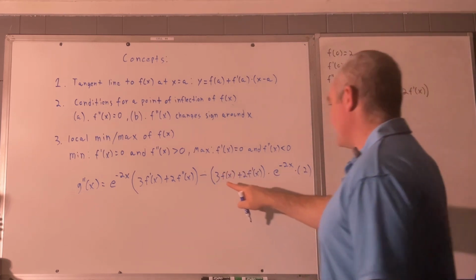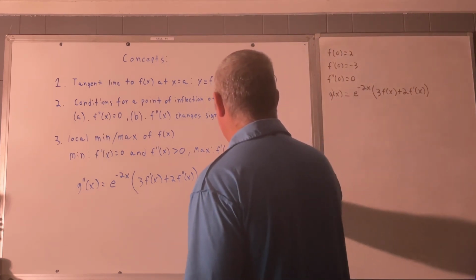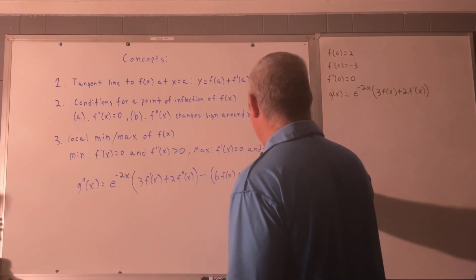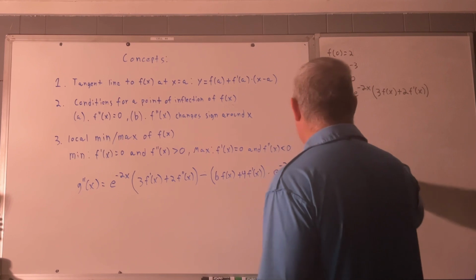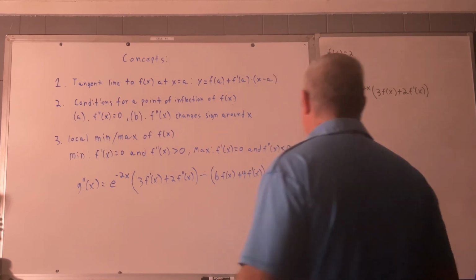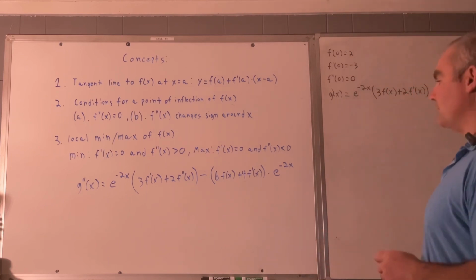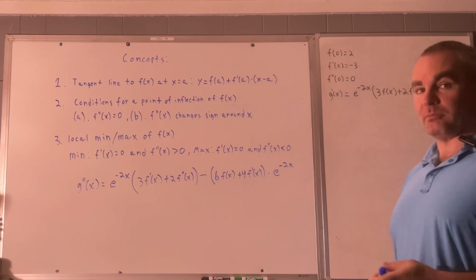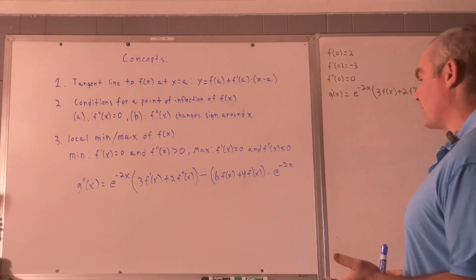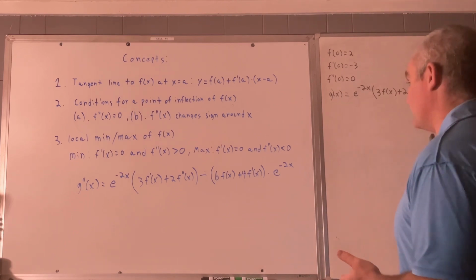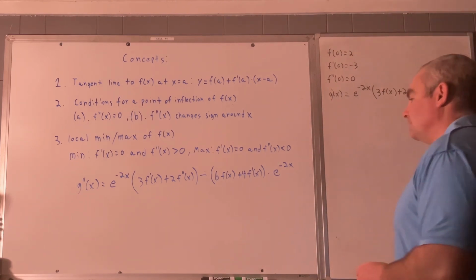So this would become a 6 f of x plus 4 f prime of x. And if any of you are having trouble following what I'm doing, you need to brush up on your more basic stuff, because everything that I'm doing without an explanation is stuff you should know how to do to take this test.